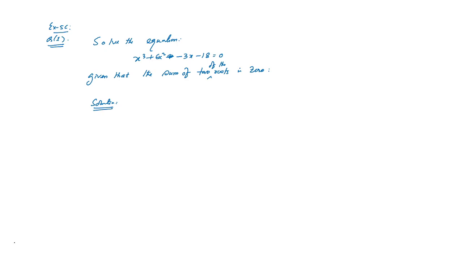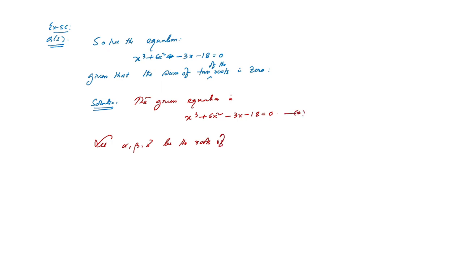First we will write the given equation. The given equation is x cube plus 6x square minus 3x minus 18 equals to 0. Since the equation is of degree 3, it has 3 roots. Let alpha, beta, gamma be the roots of the equation star.